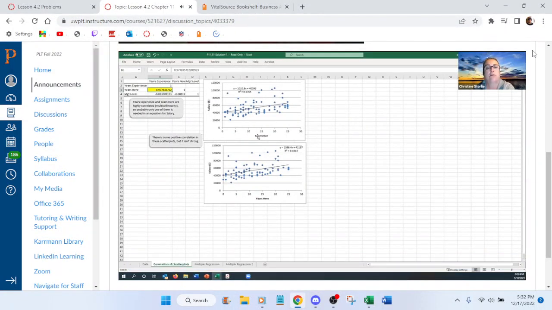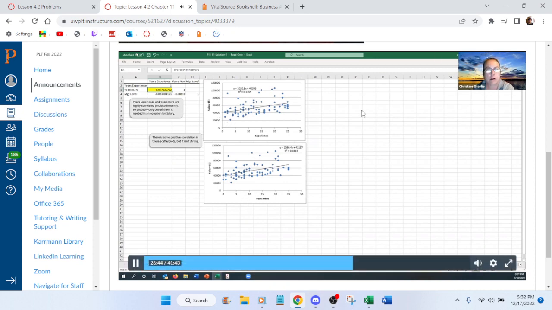When we look at the individual variables against salary, experience against salary and years here against salary, they both seem to move up to the right, and it's not a very strong relationship. R squared's 0.18 and 0.17, so not a lot of the variability in the salary is explained by just those two variables.